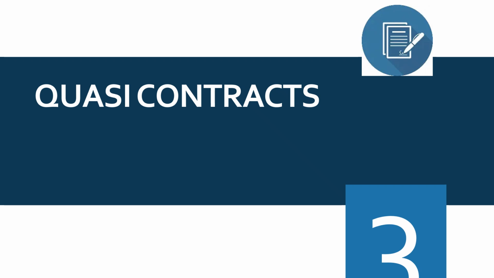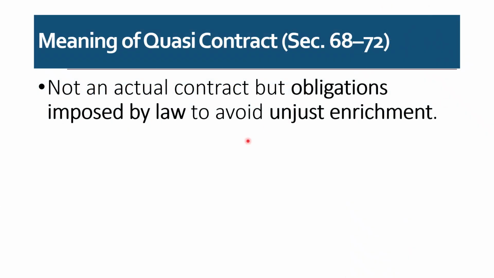Now let's move to the next important topic, that is quasi contracts. We say that quasi contracts are not actual contracts. They are obligations imposed by law. Why? To avoid unjust enrichment. So basically when we say that they are not an actual contract, this means that there was no offer, there was no acceptance and there was no agreement.